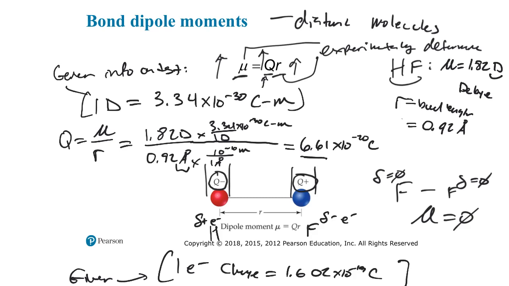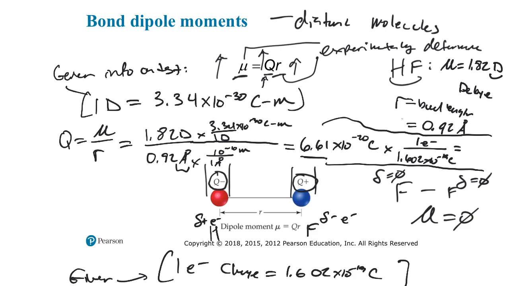The charge on H and F is a little bit lower in magnitude, and we can just do the conversion. 1.602 times 10 to the minus 19 coulombs per 1 electron to get the electron charge. So we calculate our electron charge just by dividing by 1.602 times 10 to the minus 19, and we obtain 0.41.